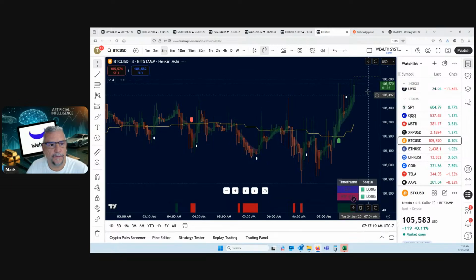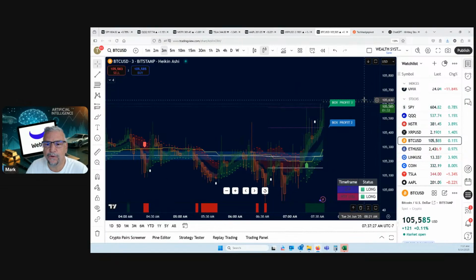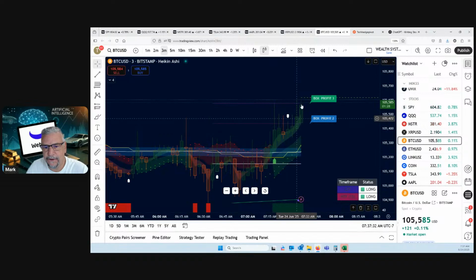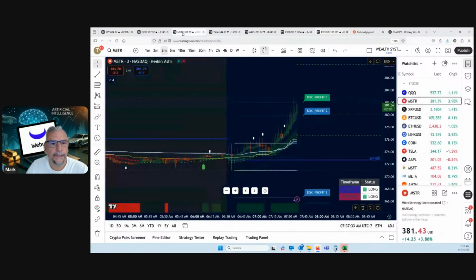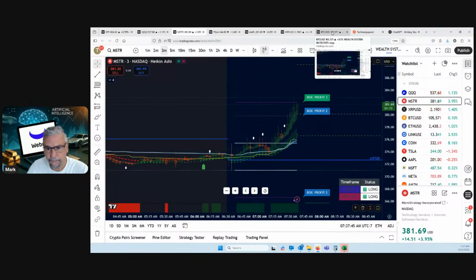So I would imagine MSTR is heavily invested in Bitcoin, and so you can see Bitcoin's moving in a very strong bullish direction. You can see MSTR has a similar pattern. So if I click between the two, you can see there's a lot of similarities in the stock movement.